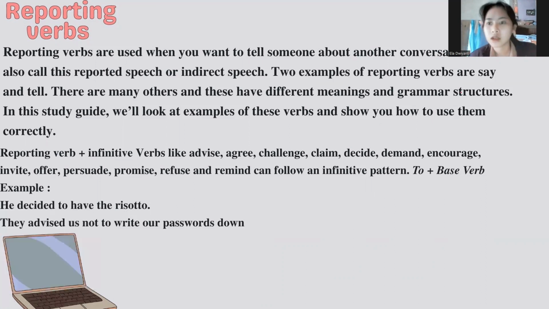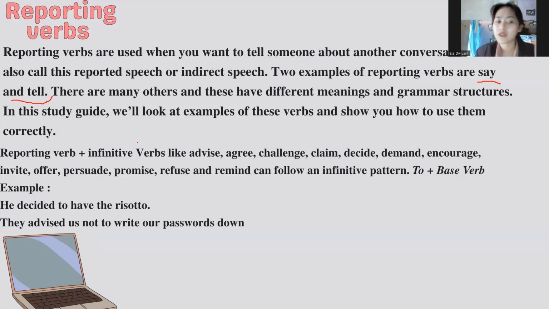There are many others, and these have different meanings and grammar structures. In this study guide, we'll look at examples of these verbs and show you how to use them correctly.